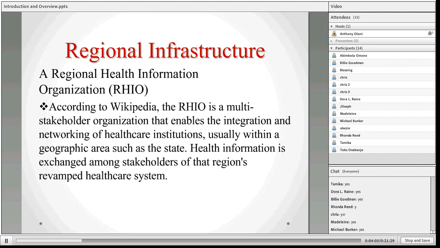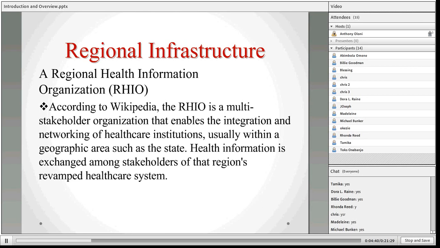Now, if you Google RHIO or regional health information organization, you will find that most of the time we're talking about state regional health information organizations. For example, you might have the state of New York, the state of Georgia, the state of California. If you Google your state and regional health information organization, if your state has one, it will pull it up.